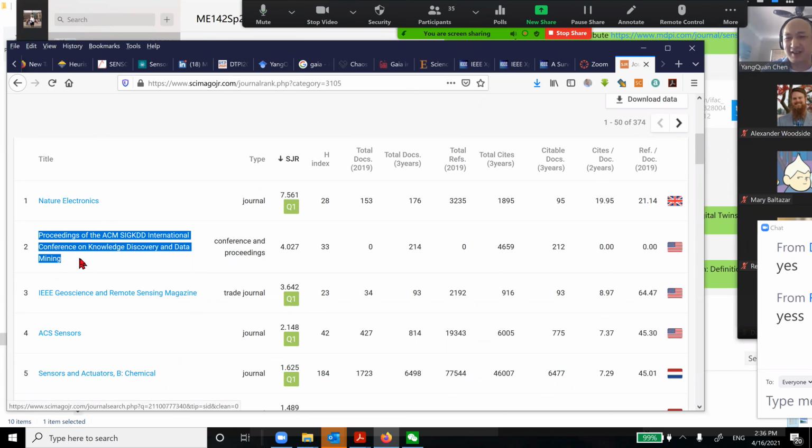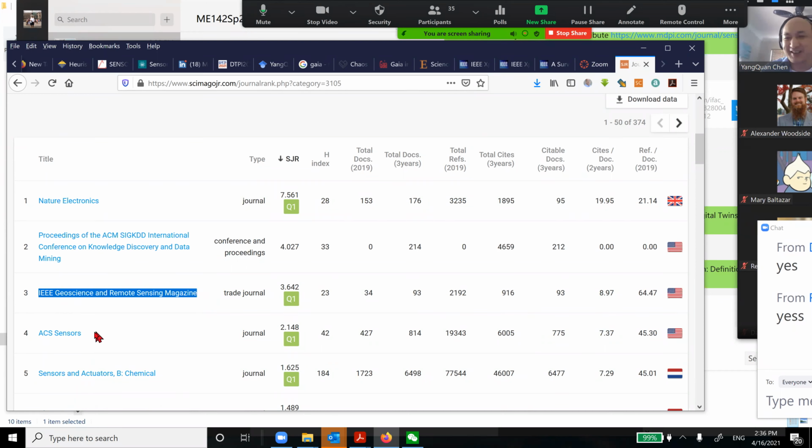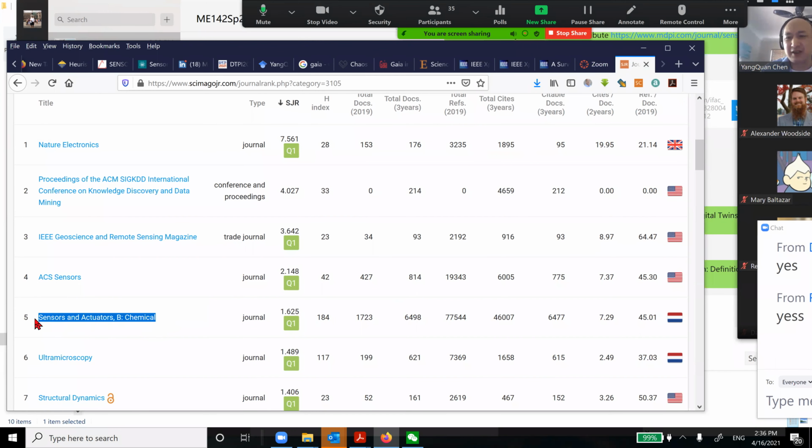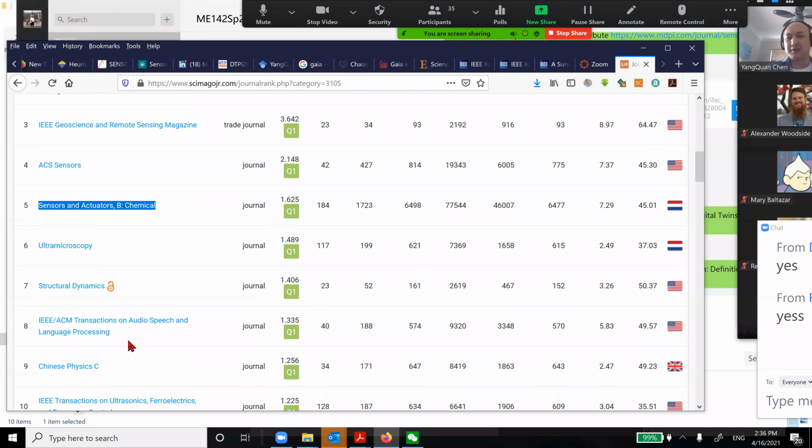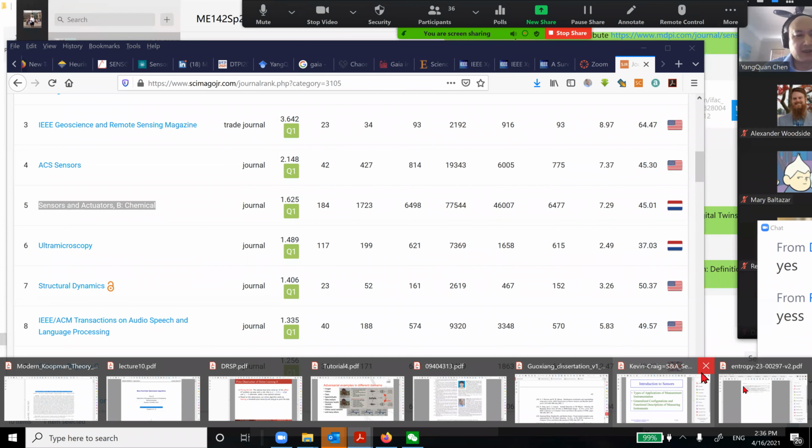This is KDD. This is remote sensing. Satellite is also a sensor, right? ACS stands for American Chemical Society. Sensors, actuators, and so on and so forth. So sensor is a very wide topic, okay? So of course, we cannot go through all of them.